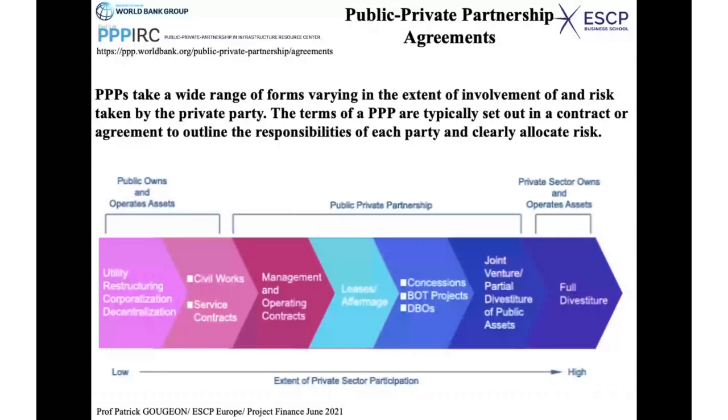In this case, you reach a situation where the private entity would invest, would bring the money in, would manage and so on. And usually after a certain period of time, you have a transfer of the assets to the public entity.